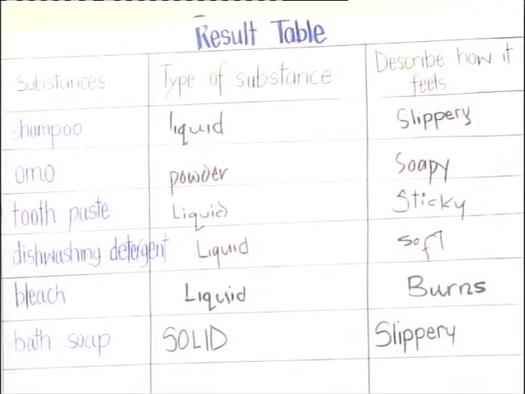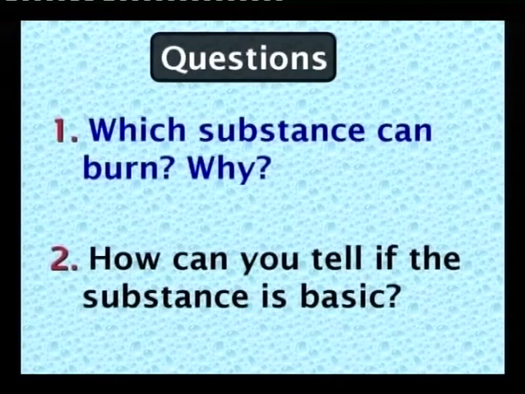All right, we will go on to the two questions and that will help us again to answer what is a base. Which substance can burn from what you have done? From the table we know that bleach can burn, but in your experience at home while washing, do you think some substances can burn also?